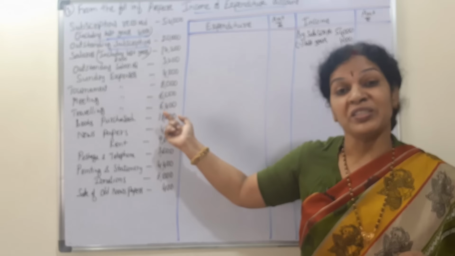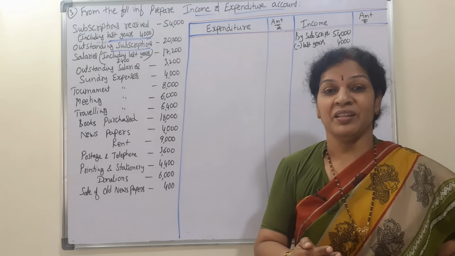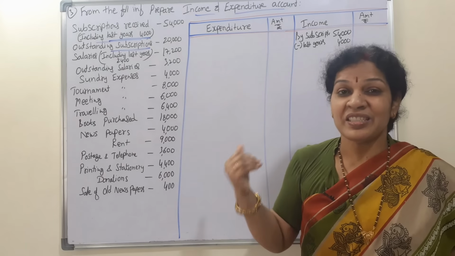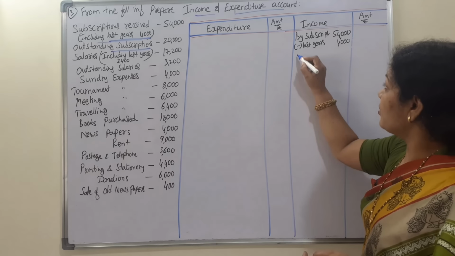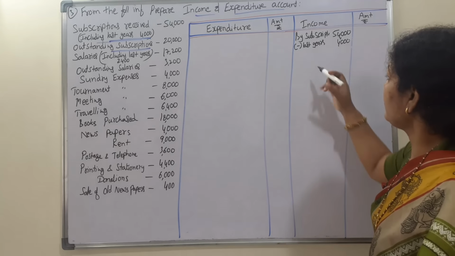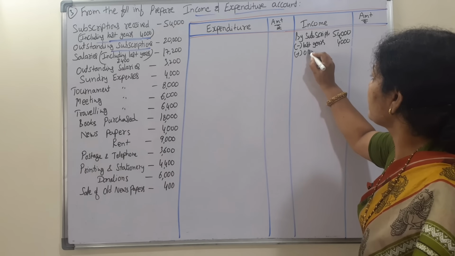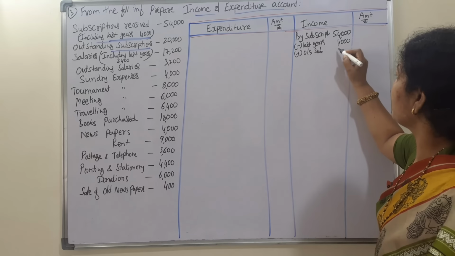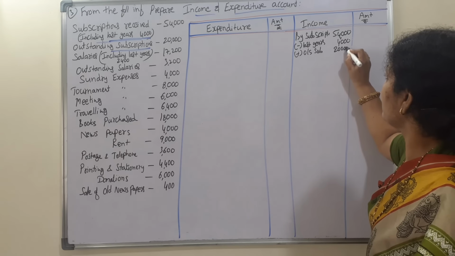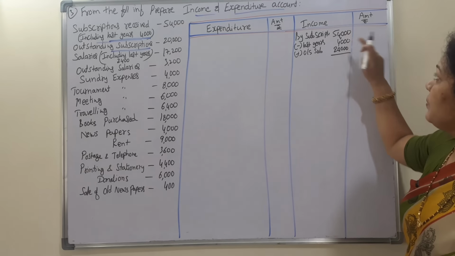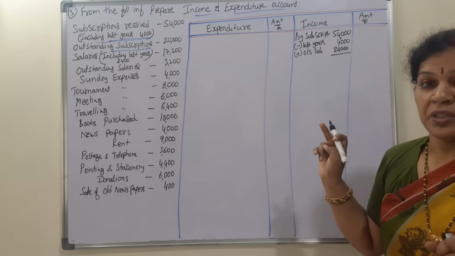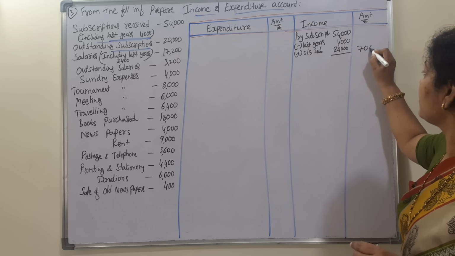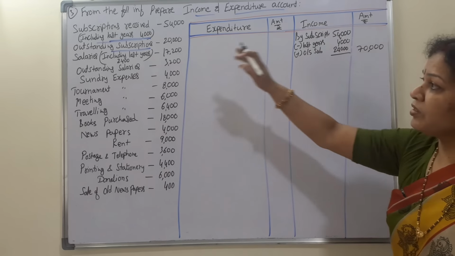Please make it clear, receivable means we'll add this year's receivable. Add outstanding subscriptions, 20,000. 54 minus 4 comes to 50,000. 50,000 plus 20,000, 70,000. So this is about the subscriptions.